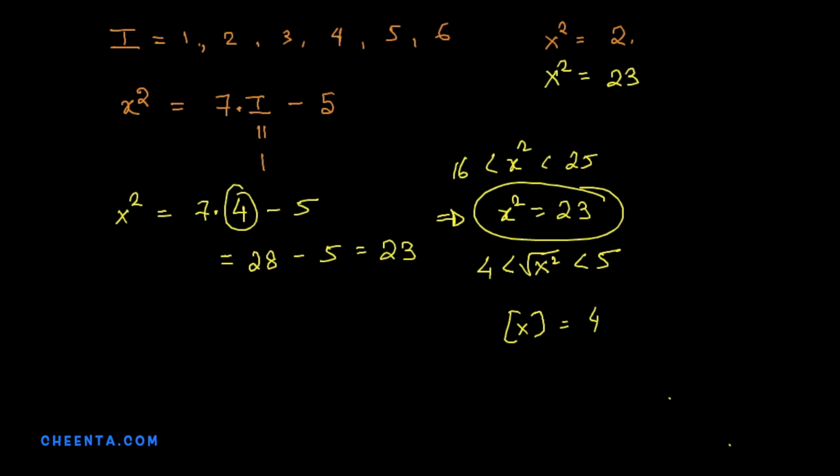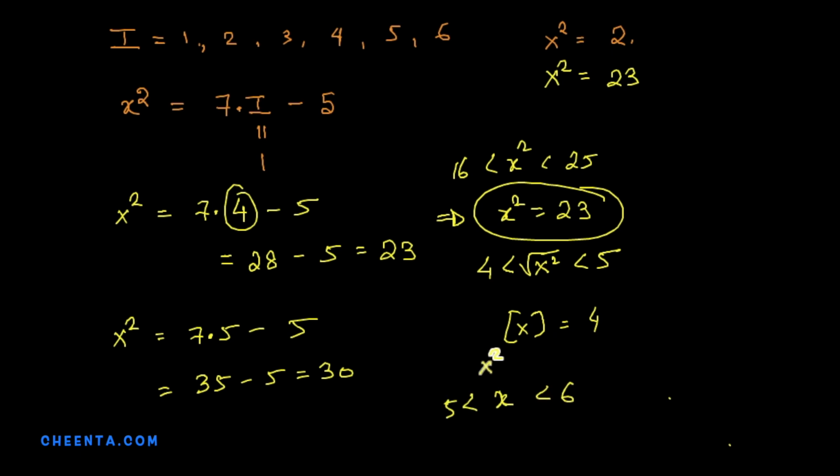Very nice. Next, we have to check 2 more. x squared equal to 7 times 5 minus 5, which is 35 minus 5, which is 30. That's good because if x squared is 30, then x is between 5 and 6, and that is good because then floor of x is 5, which is exactly what we needed.